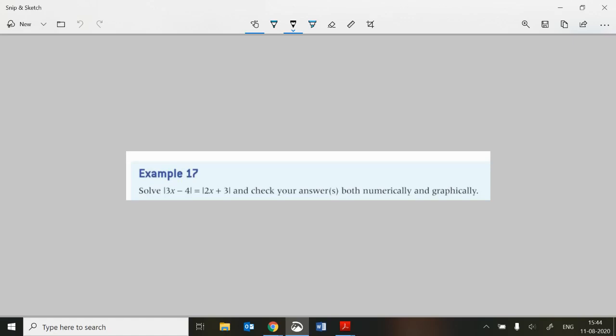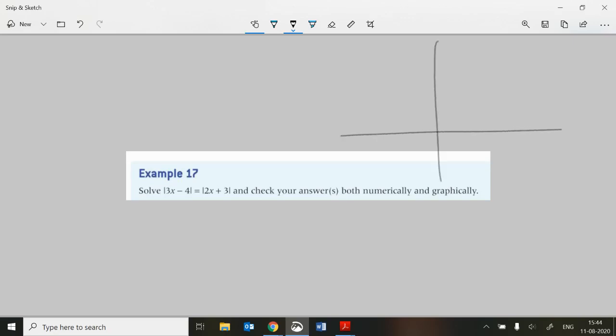So example 17, 3x minus 4 is equal to 2x plus 3, both of those in modulus brackets, so absolute values of those two expressions. And check your answers both numerically and graphically in this case. Okay, right. So, well, I think I might just set up the graphs to start off with.